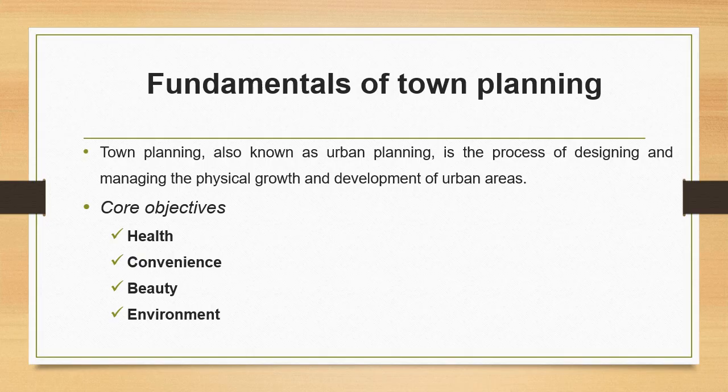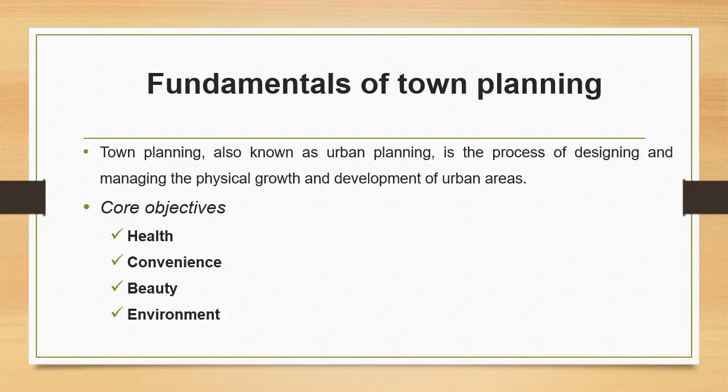Now, what are the core objectives of town planning? The objectives are: First is health, that is creating healthy living conditions by zoning land properly to keep incompatible uses like heavy industry away from residential areas.